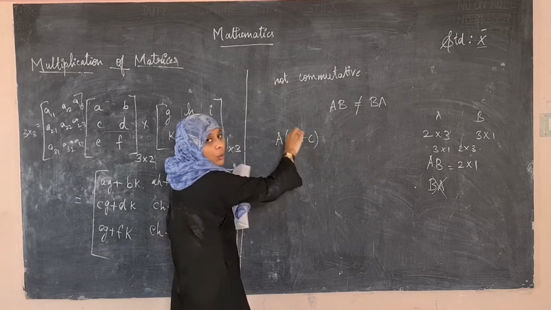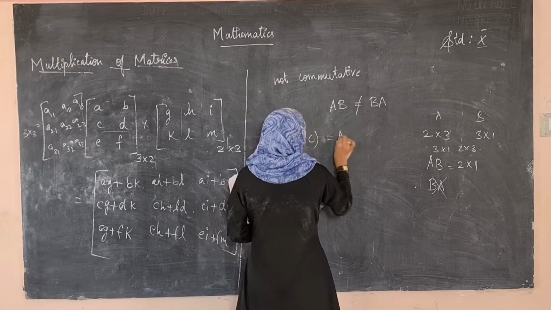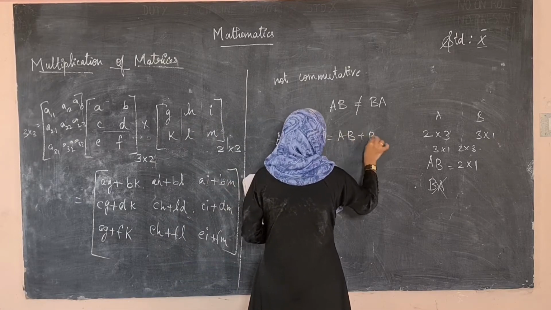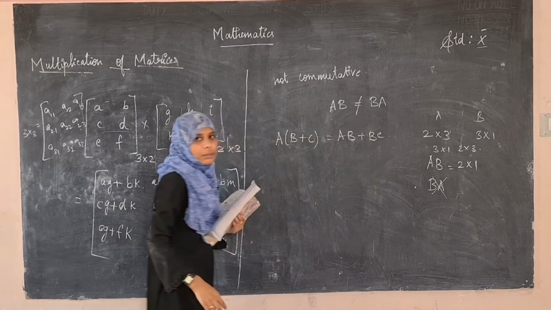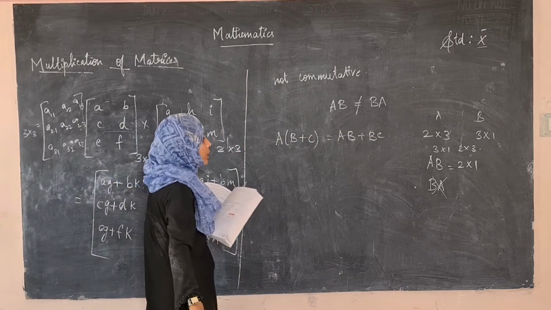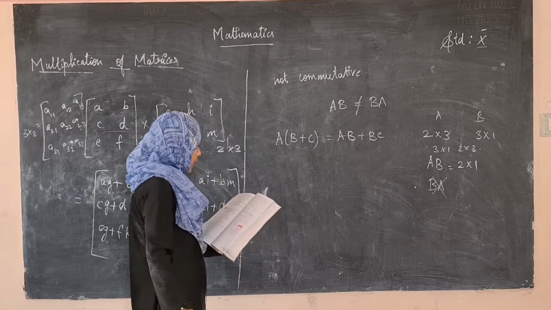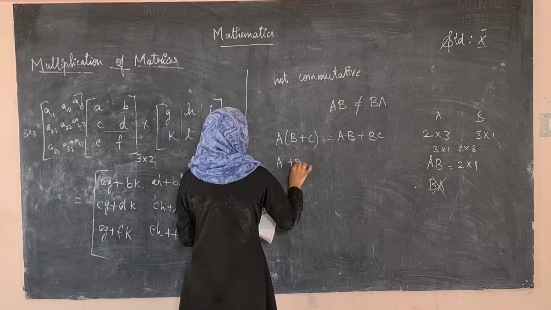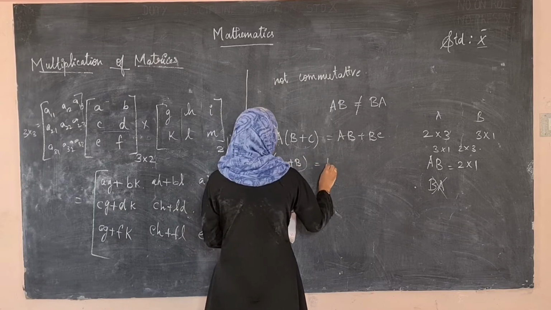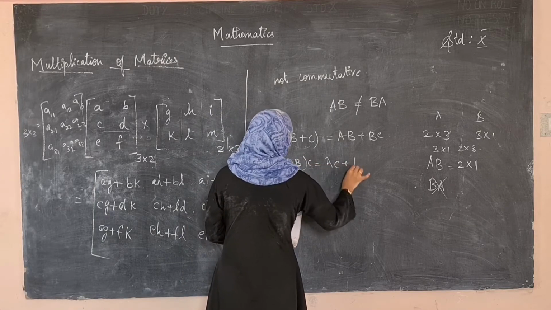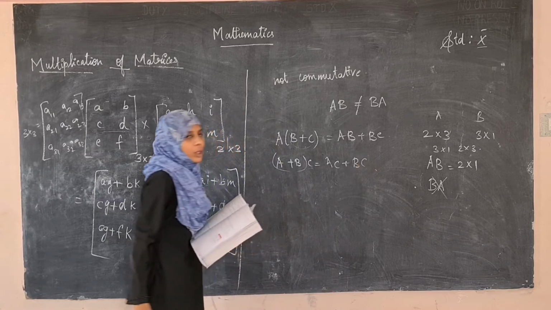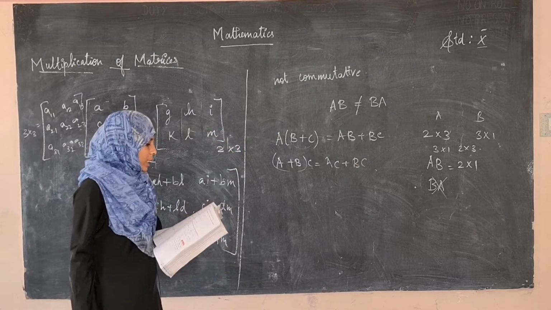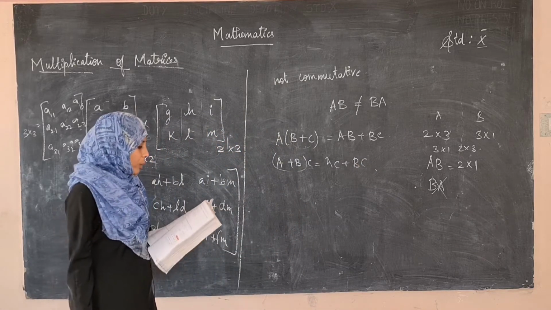It is distributive over matrix addition means A into B plus C is AB plus AC. This is possible. And again, on the left also it is possible: A plus B into C can be written as AC plus BC. This is also possible.